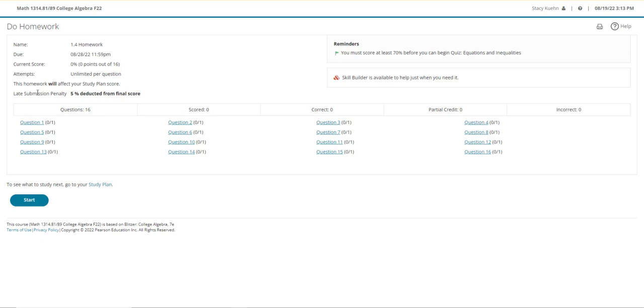All homework is assigned and due every Sunday by 11:59 p.m. But if for some reason you're unable to complete the assignment up to a 70 by this deadline, you have 2 more days to be able to complete the assignment up to a 70, understanding that you're going to receive a small penalty because it was submitted late.